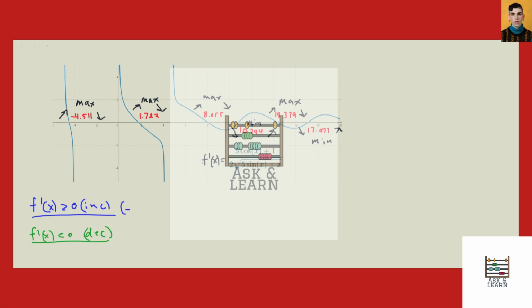So from negative 4.906 to negative 4.511, and then from 0 to 1.722, and then from 4.906 to 8.055, and then 10.794 to 14.379. And then our last interval where it's increasing will be 17.077 to 20.